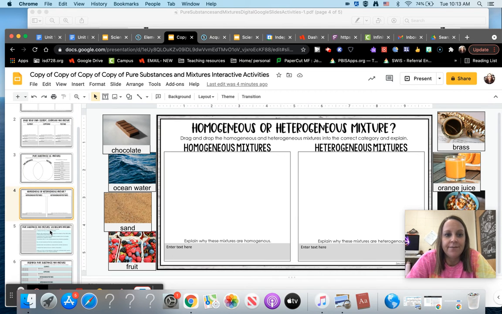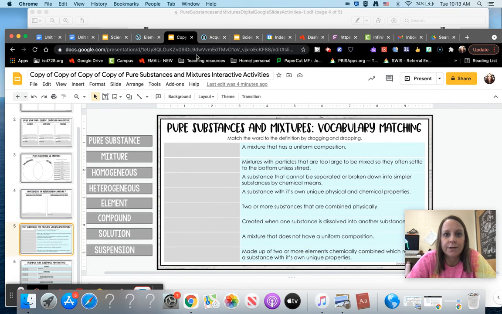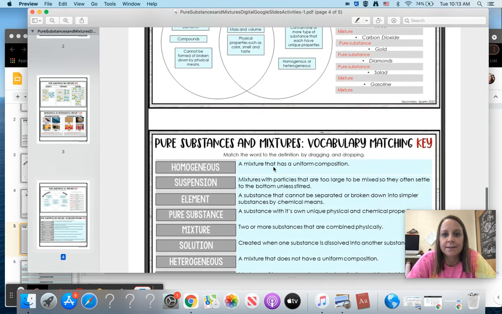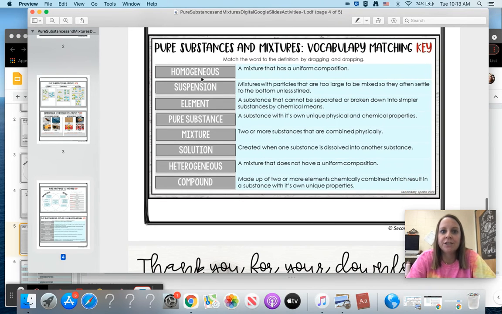We already did this slide 4. Slide 5 is where we drag and drop these. So here we go. So homogeneous means it's a mixture that has a uniform composition. A suspension is mixtures with particles that are too large to be mixed, so they often settle to the bottom unless stirred. An element is a substance that cannot be separated or broken down into simpler substances by chemical means.